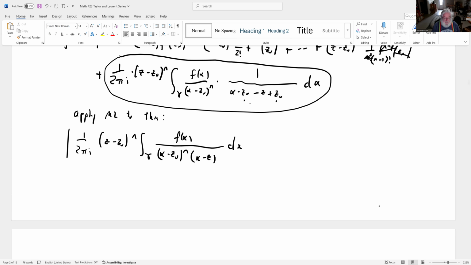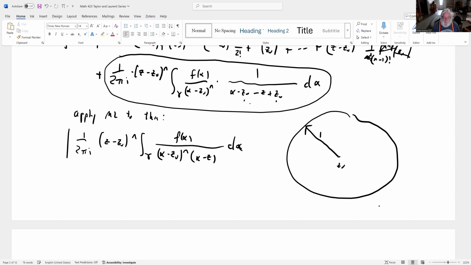And just to remind people of what the various things going on here, we have a disk, we've got a z0, we have a radius capital R, we have some point z that's a radius little r, and then we have the circle that we're integrating around that's at a radius rho.